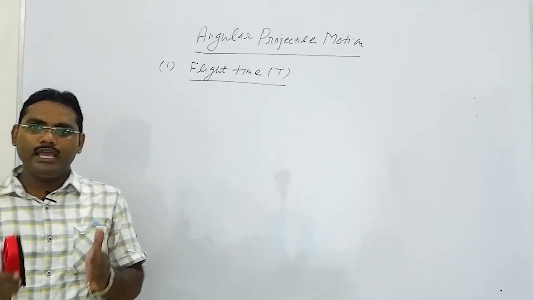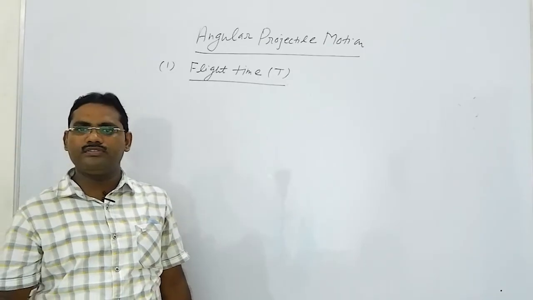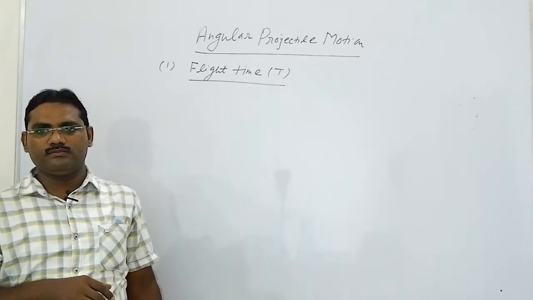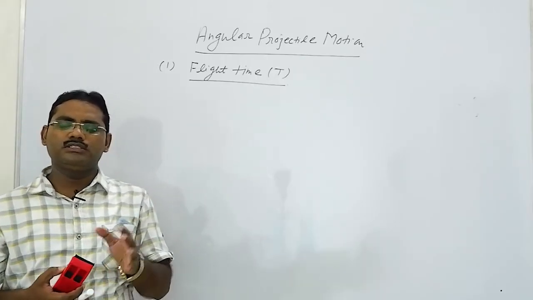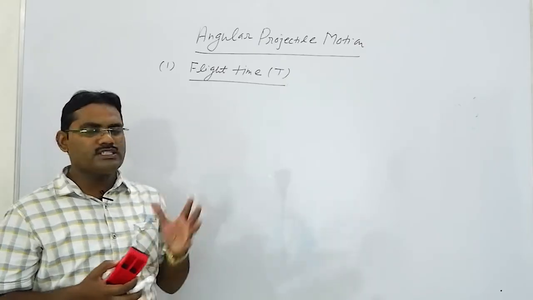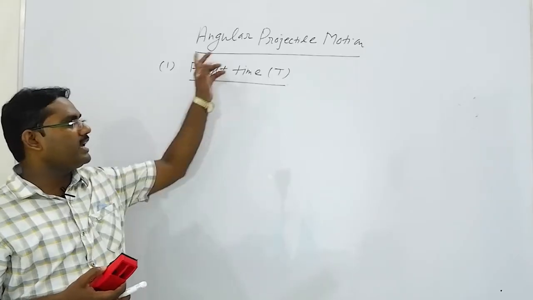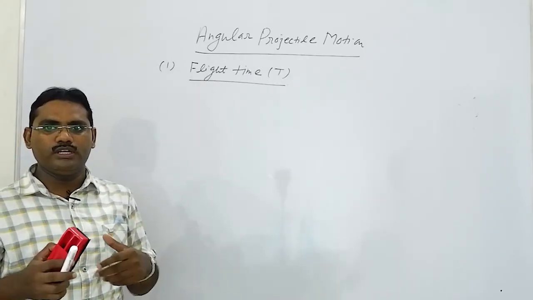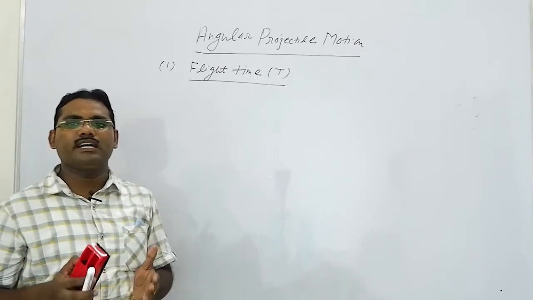The angle of a projected body from the horizontal is called the angle of projection. The path of projectile motion is a parabola. In the first lecture we derived the equation for angular projectile motion, and today we derive the expression for flight time.